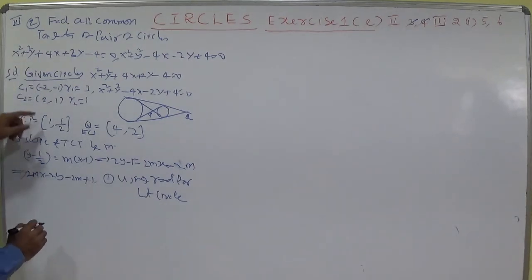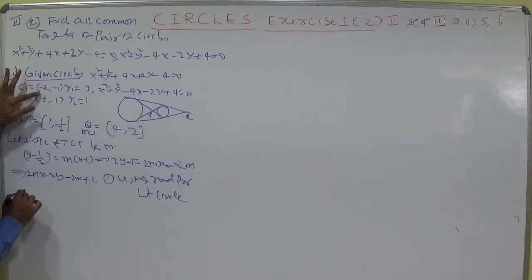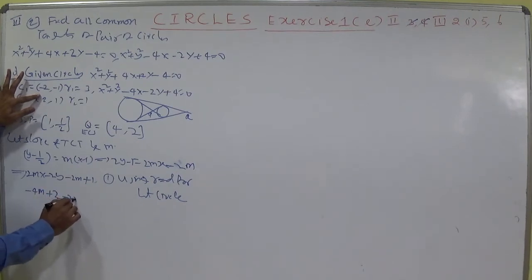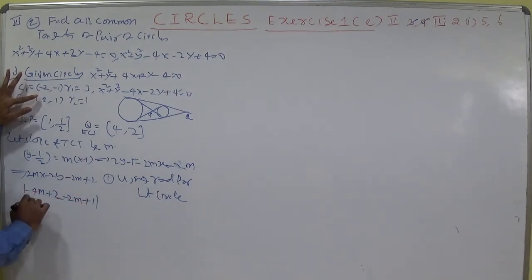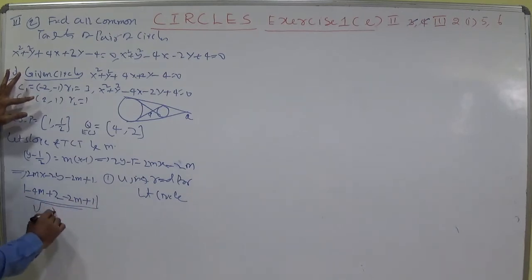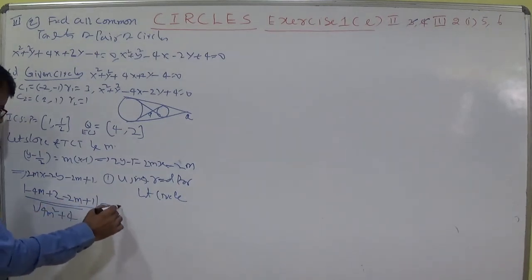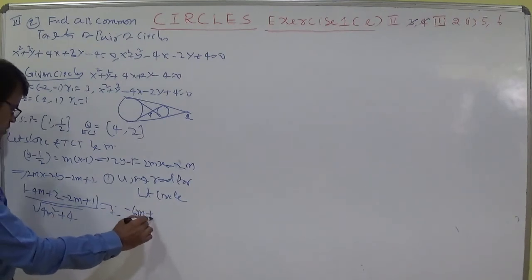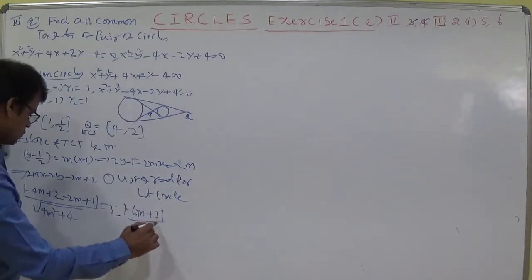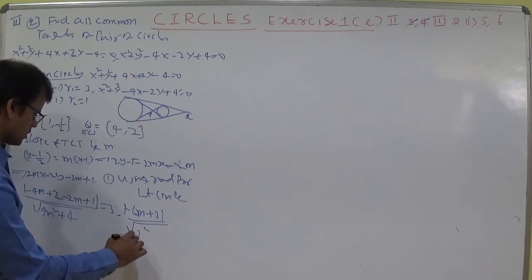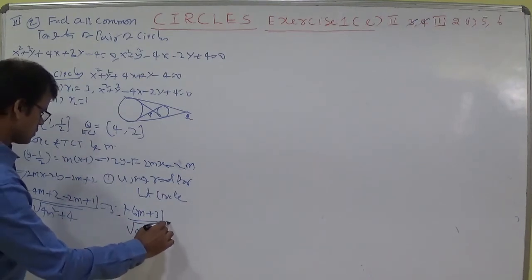2mx minus 2y, using C1 this becomes minus 4m, plus 2, minus 2m plus 1, over modulus of root of 4m square plus 4, is equal to 3. That implies 4 minus 4m minus 6m becomes minus 6m plus 3. Minus 6m plus 3 over root of 4m square plus 4 is equal to 3.